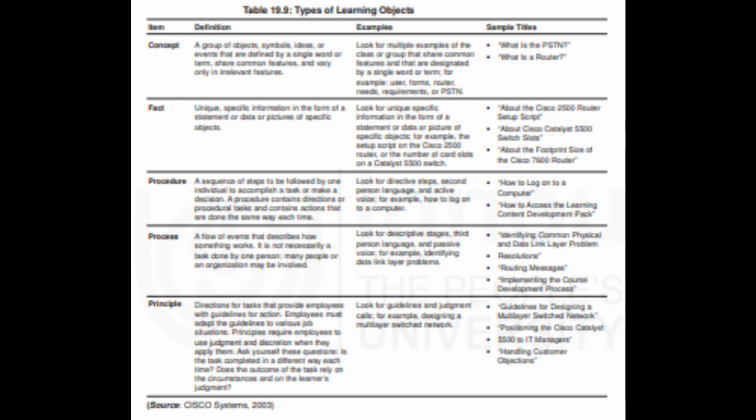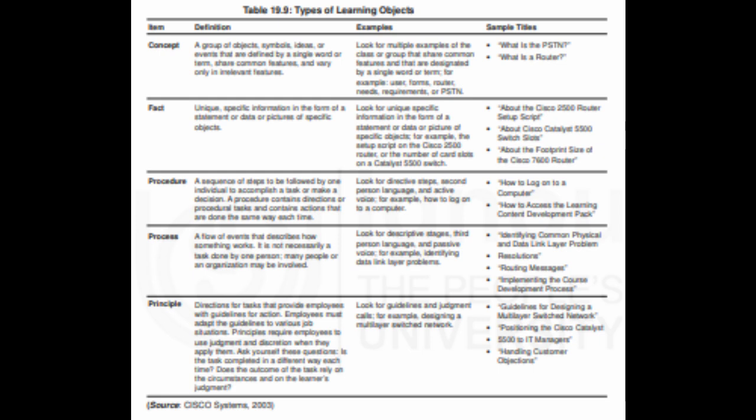In addition, the RLO must provide job-based practice for transfer to the job. Typically, a procedure RLO will come after a concept or process RLO. For example, if you are creating a lesson to teach the configuration of a router, the concept topic titled "What is a router?" may be taught first.